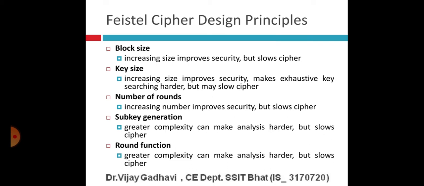Number of rounds: increasing the number improves security but slows the cipher. Subkey generation: greater complexity can make analysis harder but slows the cipher. Round function: greater complexity can make analysis harder but slows the cipher.